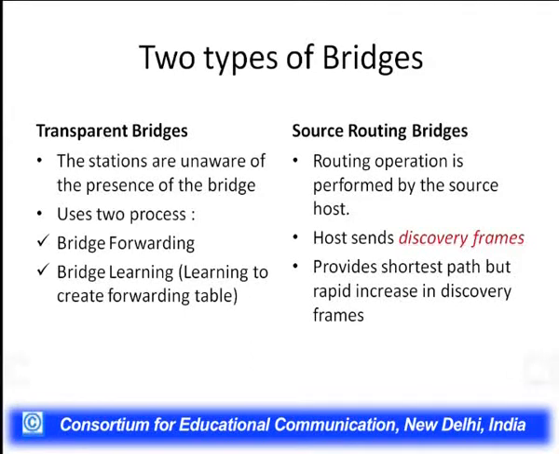But in this case, a lot of network resources are wasted, because the discovery frames traversing the network create a lot of unnecessary traffic. Each host, before sending any data onto the network, will first send a host of discovery frames to all the hosts. Therefore, there is a lot of cost involved in this case.